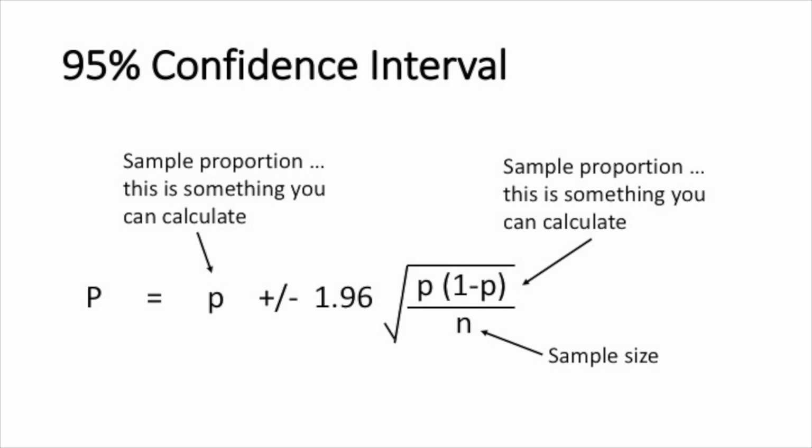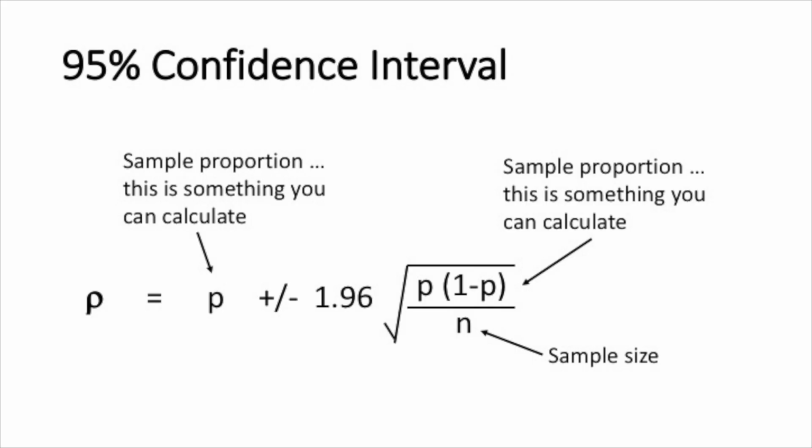That's the value of z that you use for a 95% confidence interval, because 1.96 corresponds with the top 2.5% of the distribution and the bottom 2.5% of the distribution. Then you see the standard error of the sampling distribution, which is the square root of p times 1 minus p. Again, those are proportions, so those are things you can calculate with the data that you collect. Divided by the sample size, which is something you know because you're the one collecting the sample, so you know how many observations you collect.